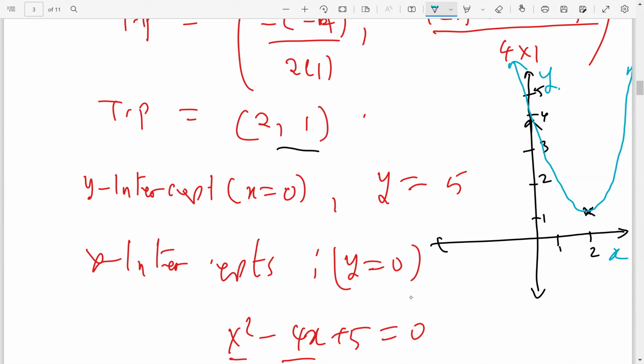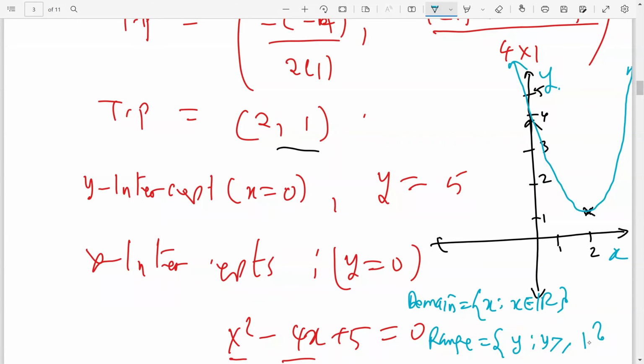And the domain: from the graph you can even see that the domain is the set of all real numbers, x being all real numbers, and the range is going to be y, such that y is greater than or equal to 1.